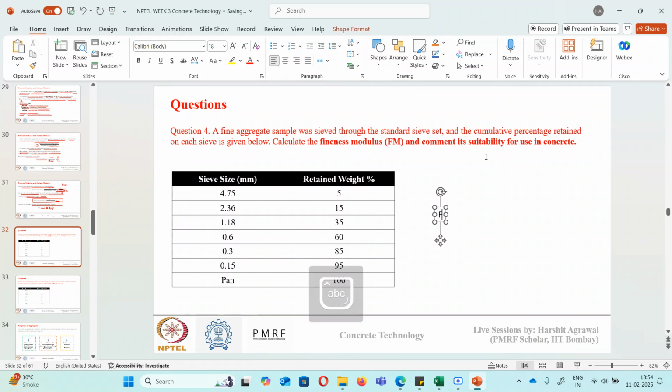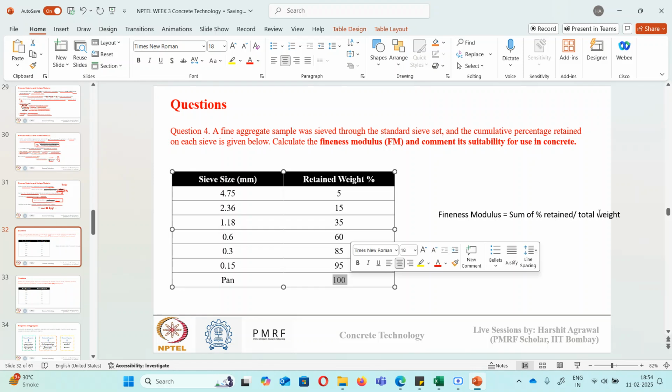So we know what fineness modulus is. Fineness modulus is the sum of percentage retained divided by total weight, which is 100% in our case. You can see total weight is here.